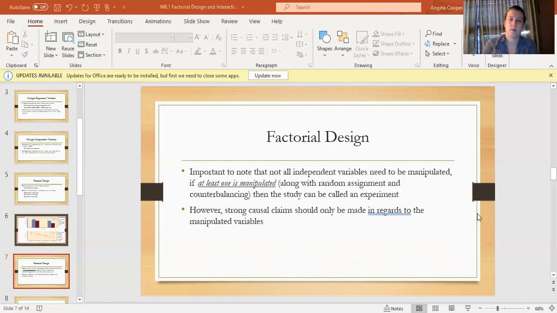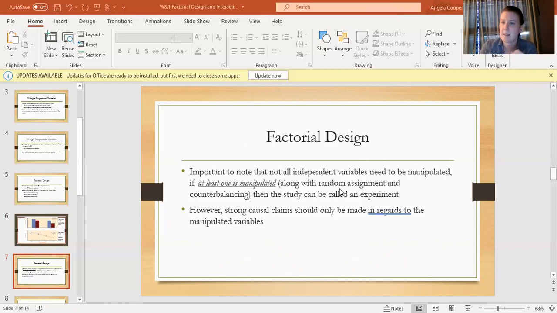Okay. So when we have multiple independent variables, and let's say only one is manipulated, just like our gender, age, and test type, the only strong causal claims that we can make would be in regards to the test type. So maybe transgender females in their 30s did super well on the math test.